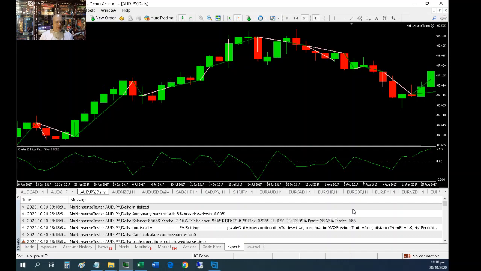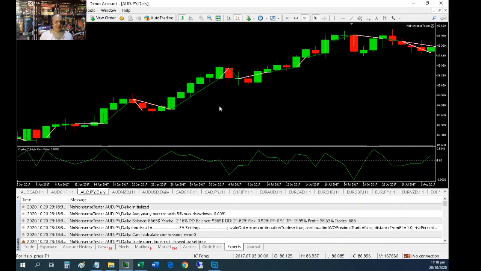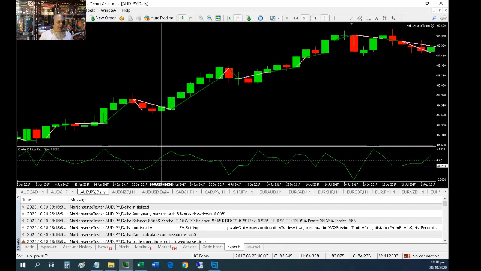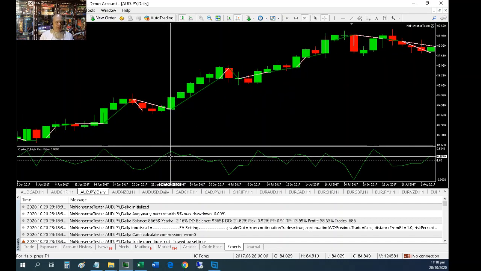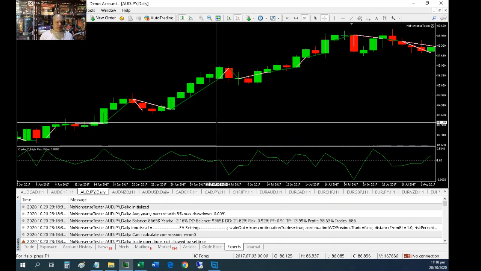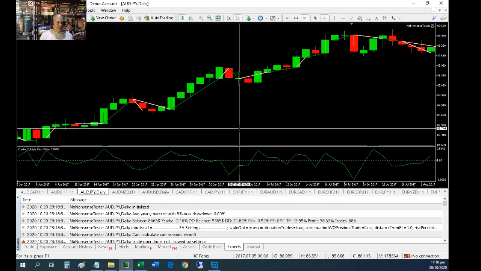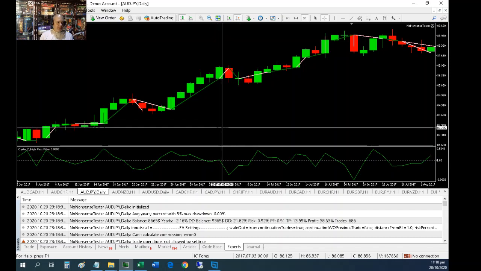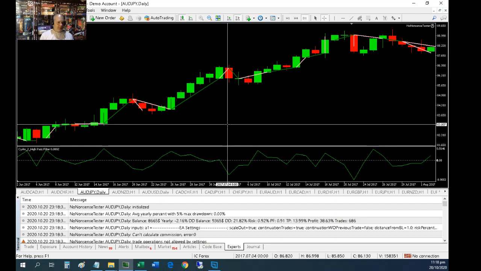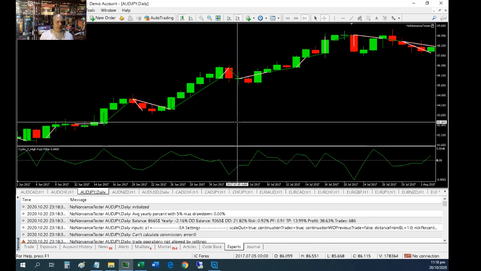Okay, and when we click OK, you would see that the trades changed. Here we had a line cross as expected. We had a long entry here, which went our way. There was a slight dip. There was a sell signal here, so it entered the sell on the next candle.